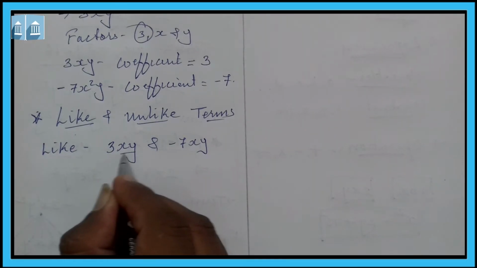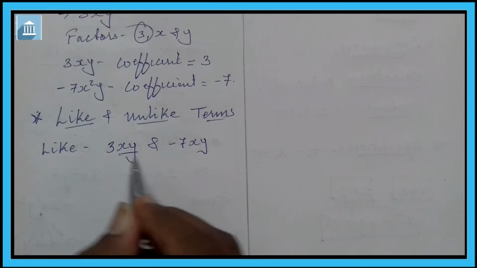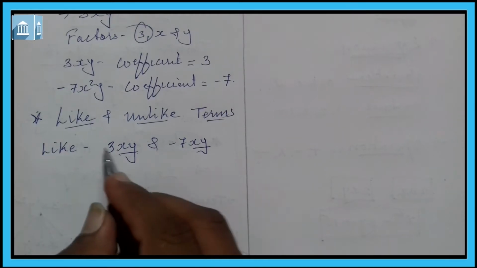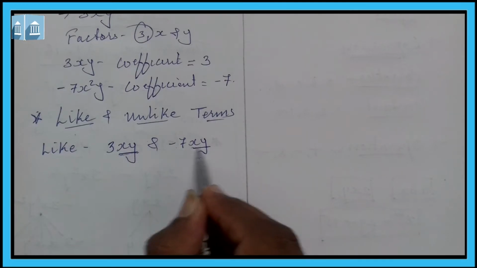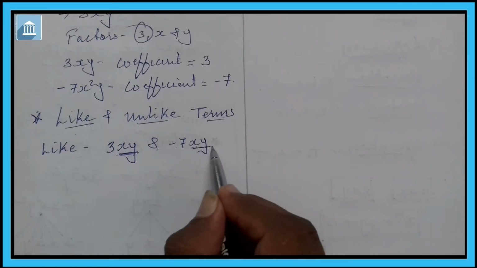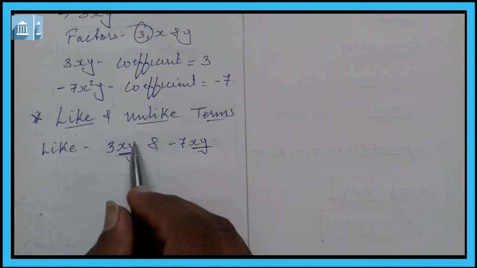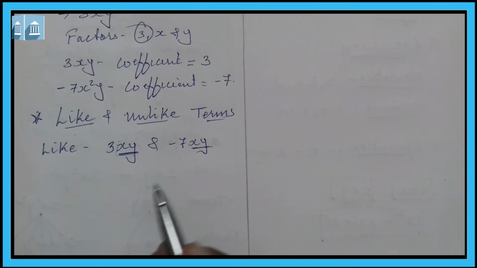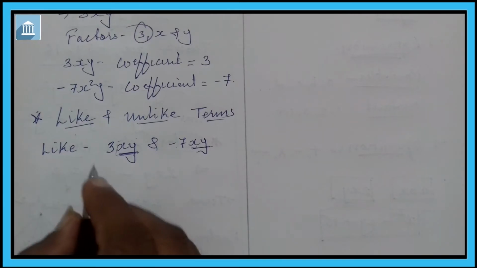Here the algebraic factor is x into y, and here the variable is again x into y. We don't have to see the coefficient, we just have to see the variables of these terms, and that is xy. So both are like terms. The terms whose variables, or algebraic factors, are the same are said to be like terms.